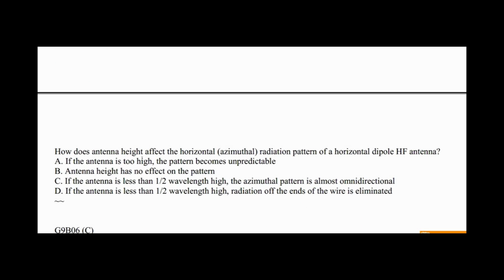G9B05. How does the height affect the horizontal azimuth pattern of a horizontal dipole? Well, if the antenna is less than half a wavelength, the azimuthal pattern is almost omnidirectional.